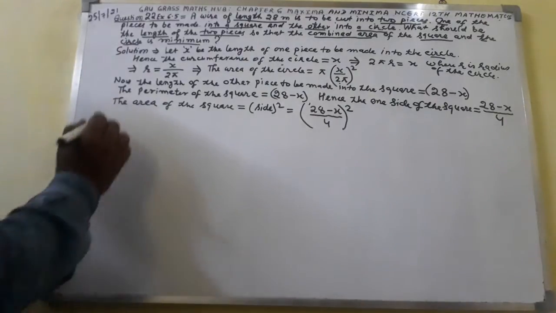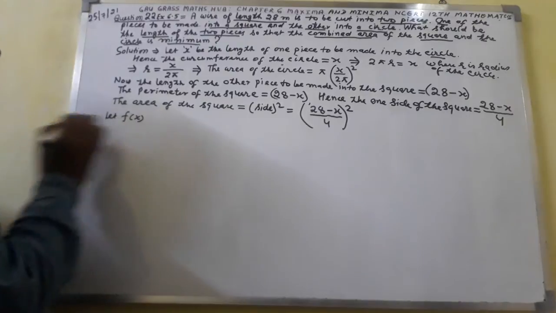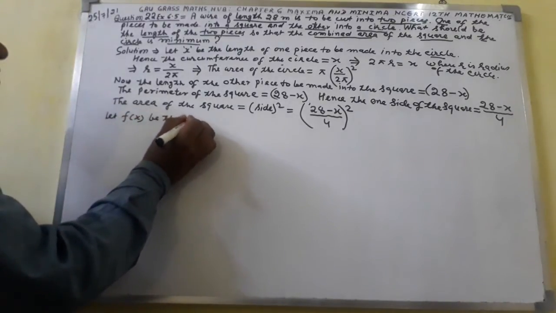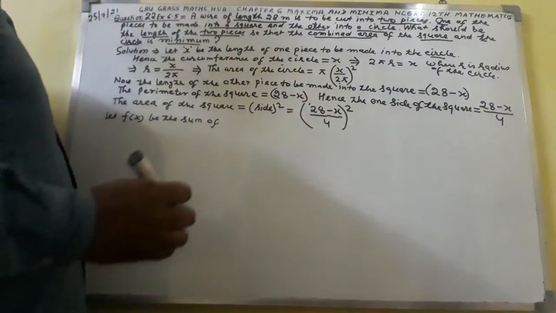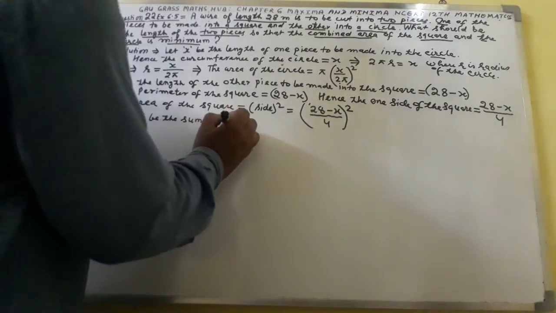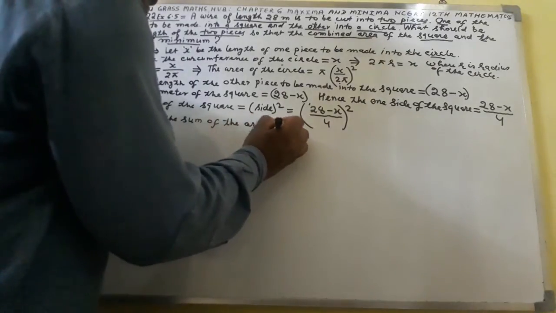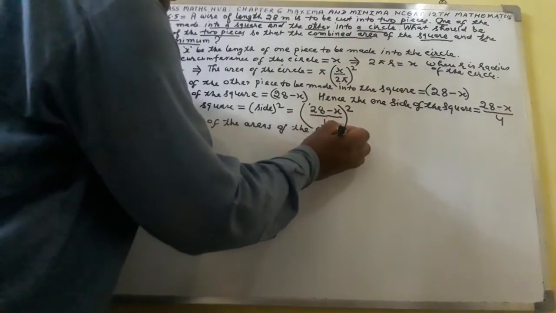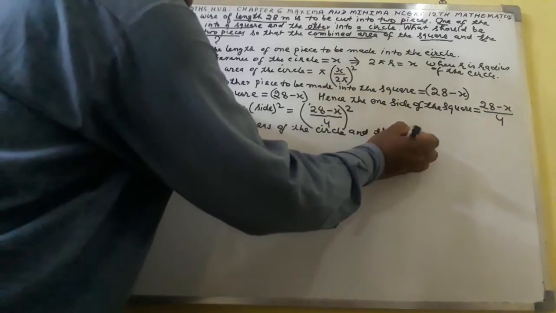Again I shall write, let f of x be the sum of the areas of the circle and square.